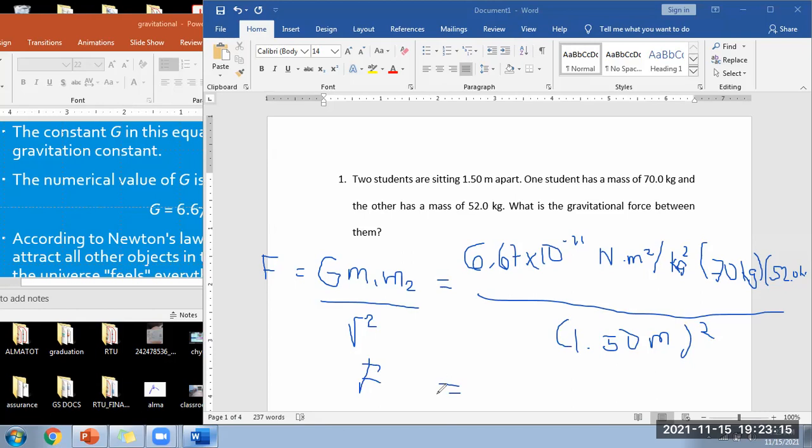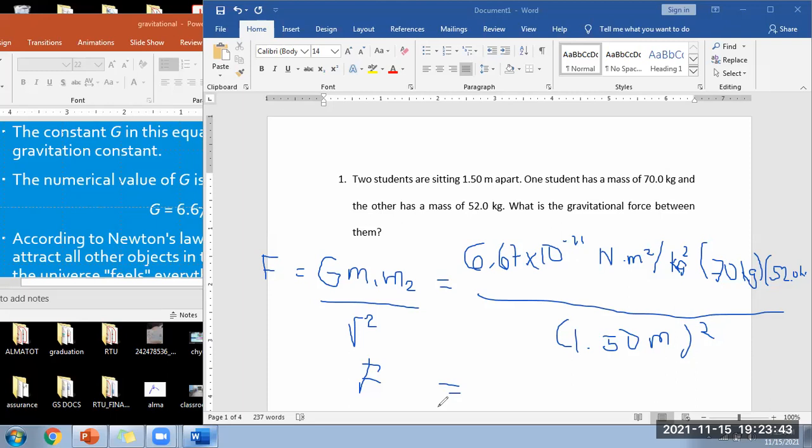So 6.67 times 10, exponent natin ay negative 11, times 70 times 52. Divide natin sa 1.50 squared.